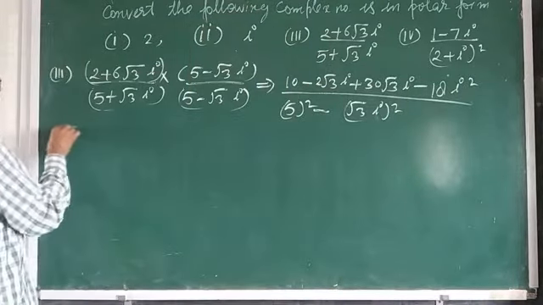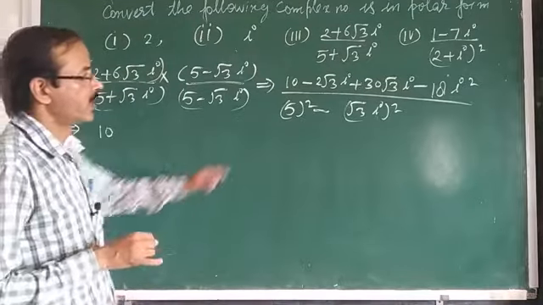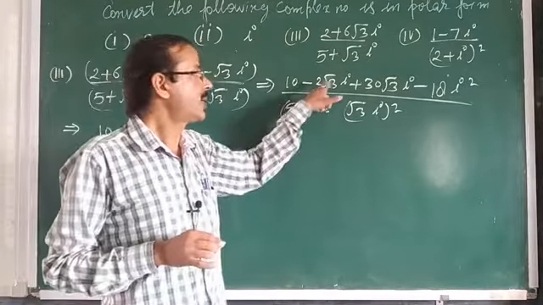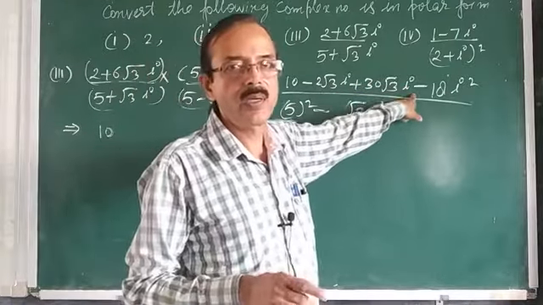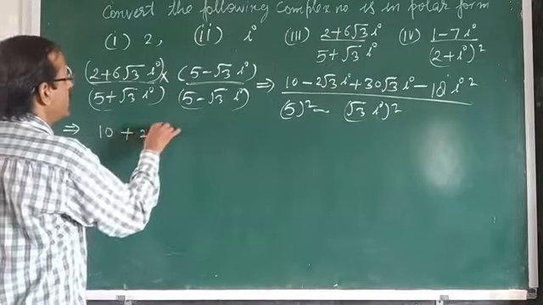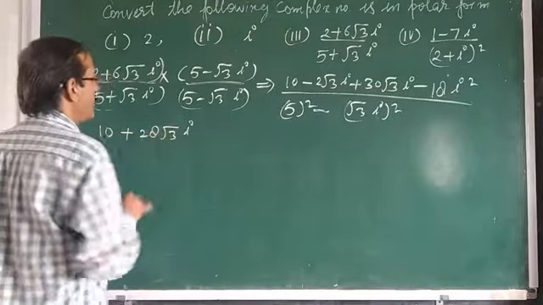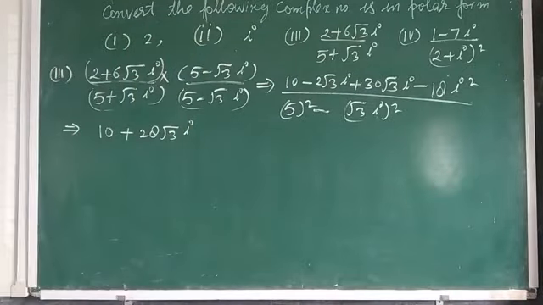So from the next line, 10 minus 2 root 3 iota plus 30 root 3 iota is equal to 28 root 3 iota plus 20 root 3 iota.